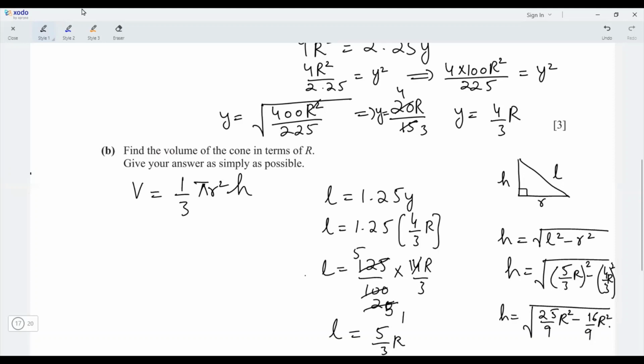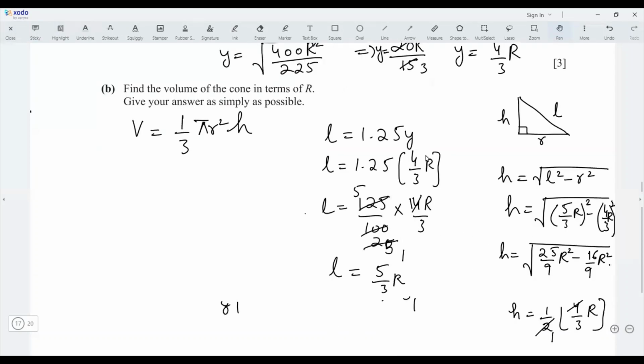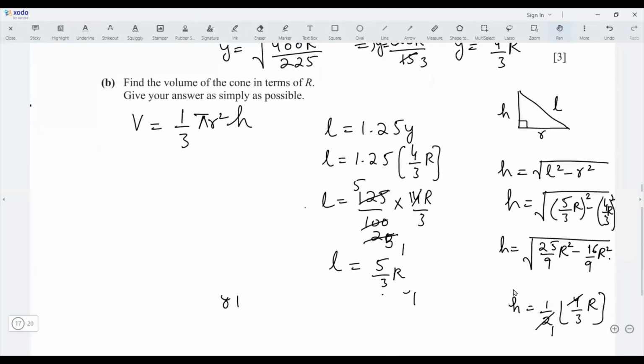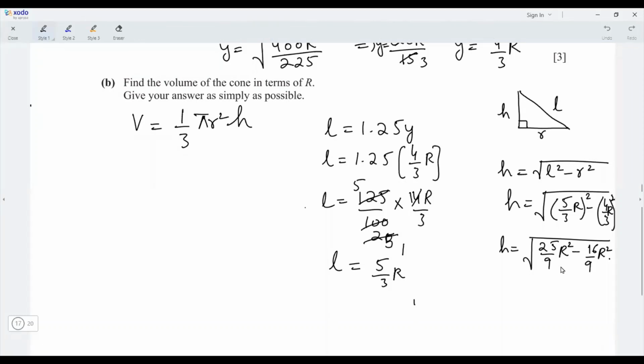Simplify them and just subtract the numerators. 25 minus 16 results in 9.